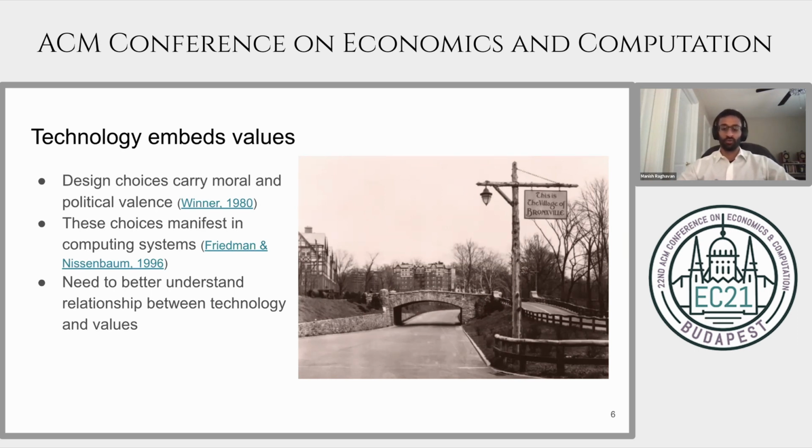So that was a way through technology, certain decisions and values were embedded into the technology. Decades later, Batya Friedman and Helen Nissenbaum discussed how these same sorts of biases can actually manifest in computing systems. So these aren't altogether new problems, but these all point to the need to better understand the relationship between technology and the values that they embed.